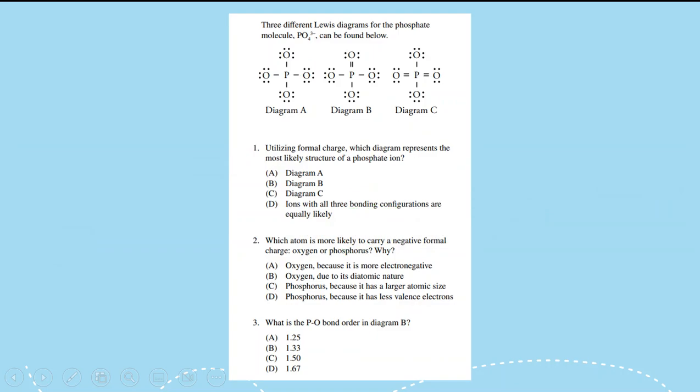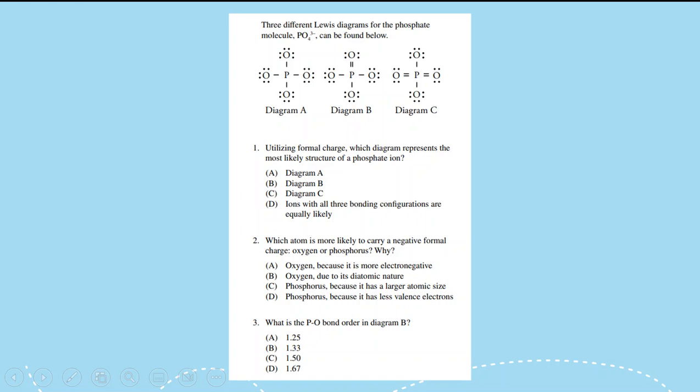Okay, here we go. 3 Lewis dot diagrams for phosphate. So, different variations here. Utilizing formal charge, which diagram represents most likely structure of the phosphate? So that's some quick math that you should do, okay?